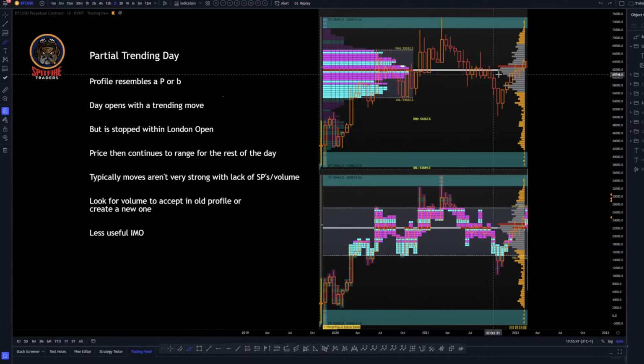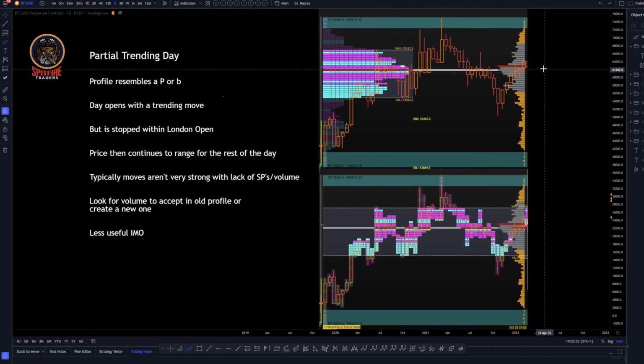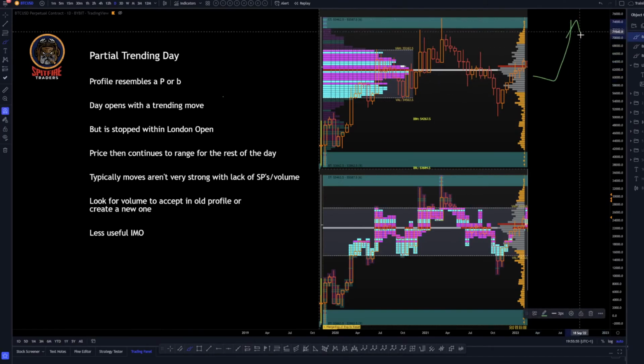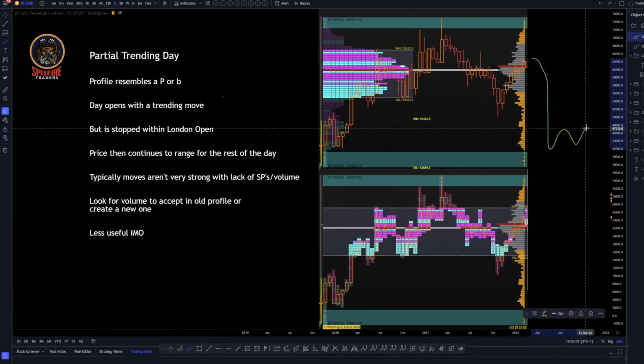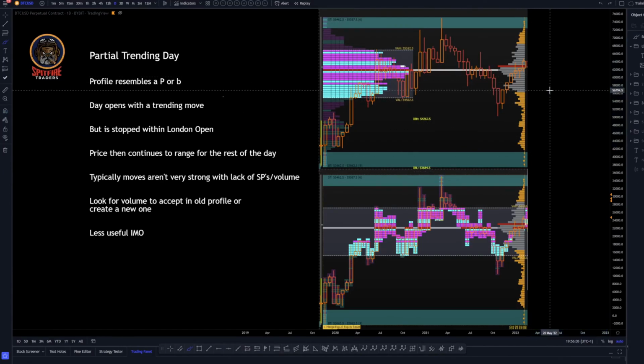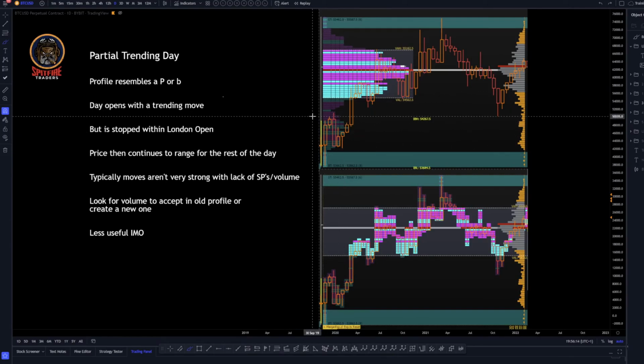It doesn't give us an insight into the following day, because this could continue bleeding up slowly, it could come out of the stocks and absolutely rock it, or likewise, because this whole move was on very weak volume, we could just come back down and continue ranging back here. We don't know what's going to happen next. It doesn't really give us an insight, and this is why to me it's the worst kind of day. But you do see this more often than not. This is quite a common day type.